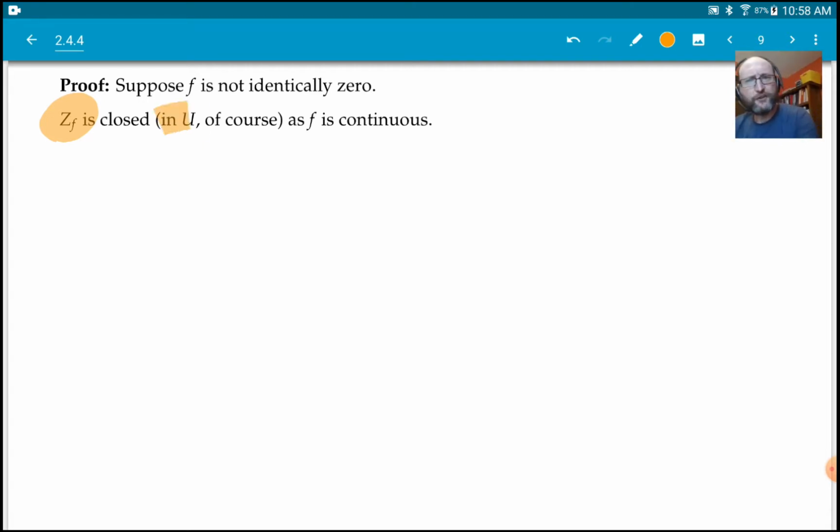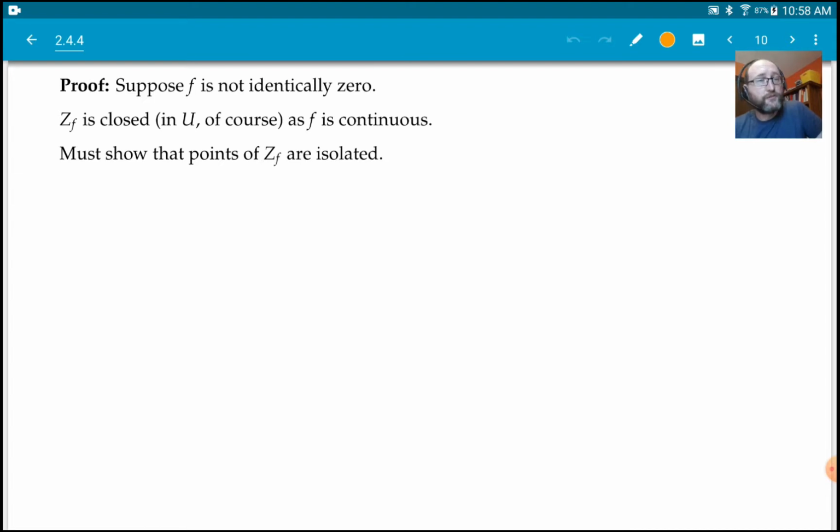Now it's closed in the subspace topology on U. So it's not necessarily closed as a subset of C. That's sometimes the tricky thing that you have to think about here. So it's closed as a subset of U in the subspace topology of U.